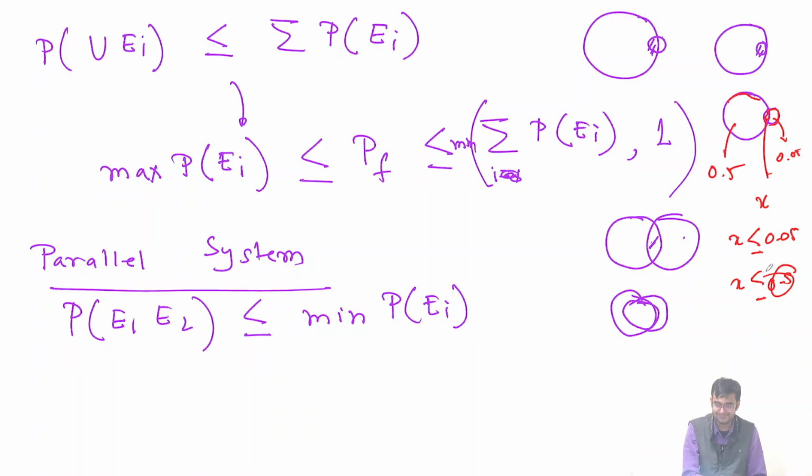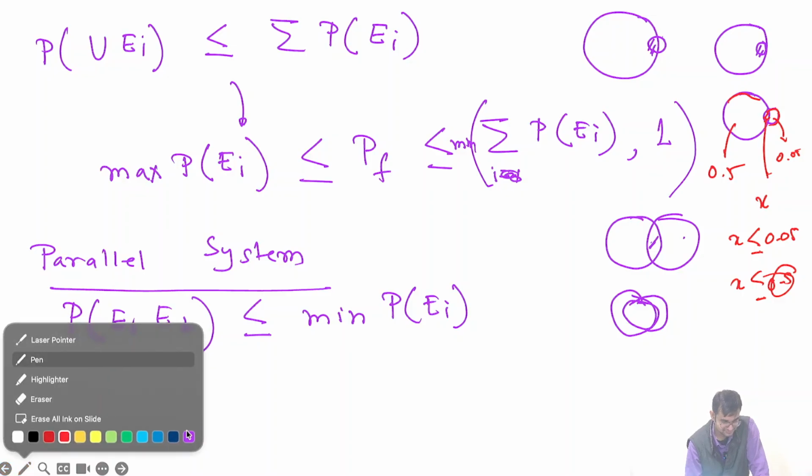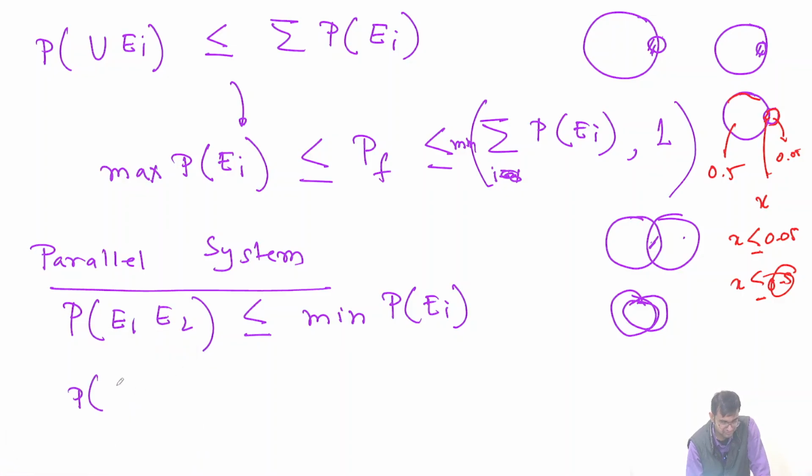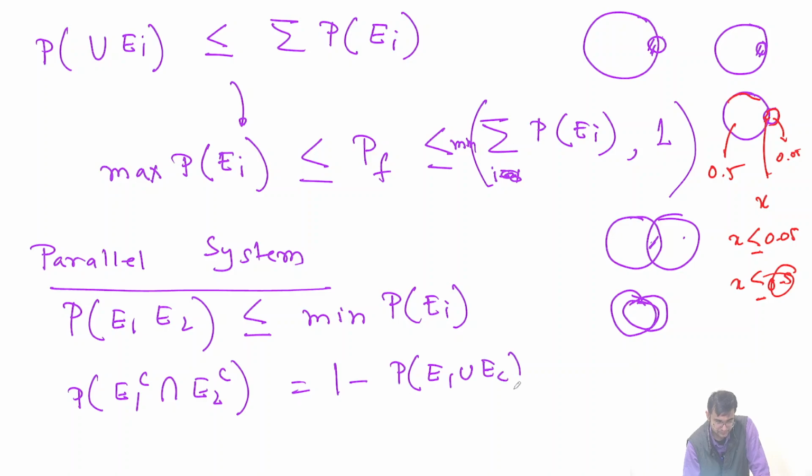So this was the easier one. What is the other bound? Let us see. Probability of E1 complement intersection E2 complement is equal to 1 minus probability of E1 union E2, whole complement.